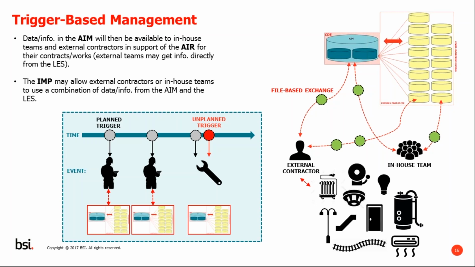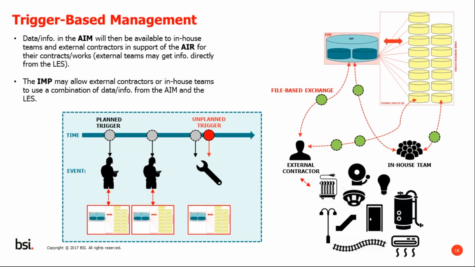One of the benefits of PAS 1192 Part 3 is that through classification of objects, describing objects in a universal way, you can essentially create these trigger mechanisms.